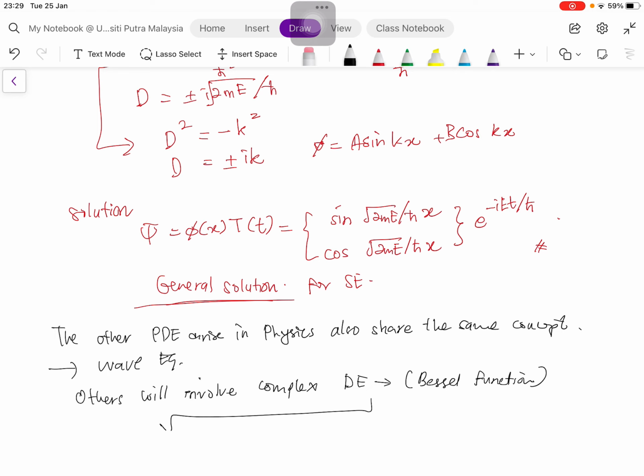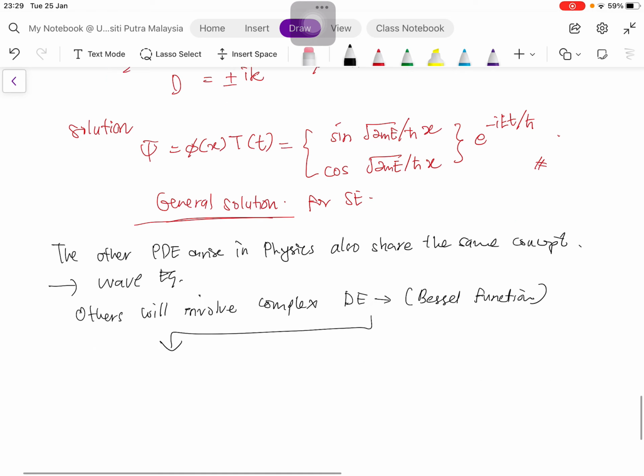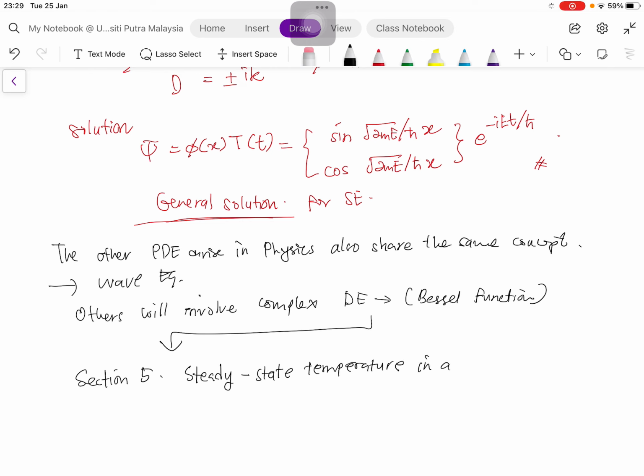So for this case, you look at section 5 for those who are interested. Looking at this steady state temperature in a cylinder.